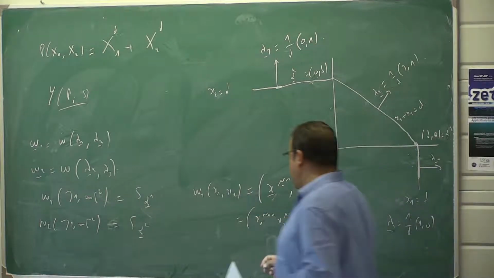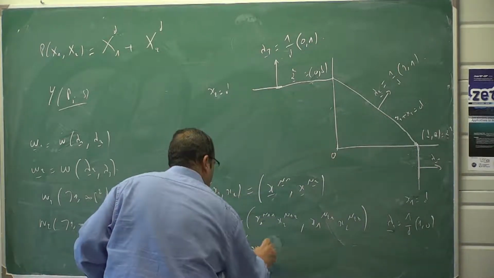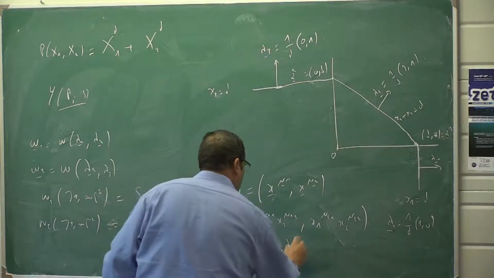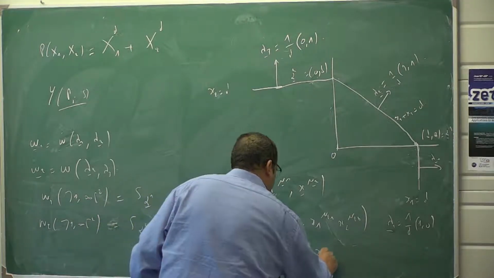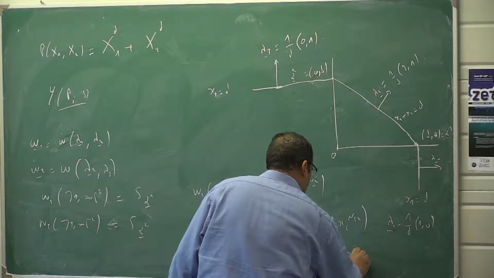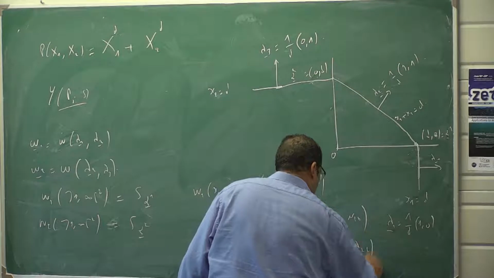So this is x1^lambda 1 1 x2^lambda 2 1, x1^lambda 1 2 x2^lambda 2 2.